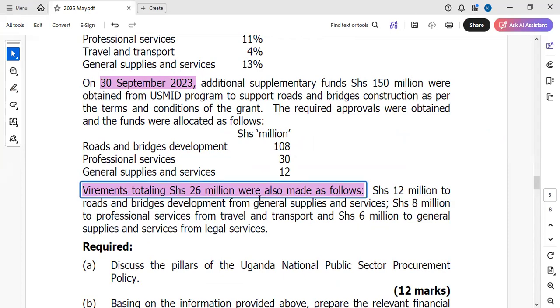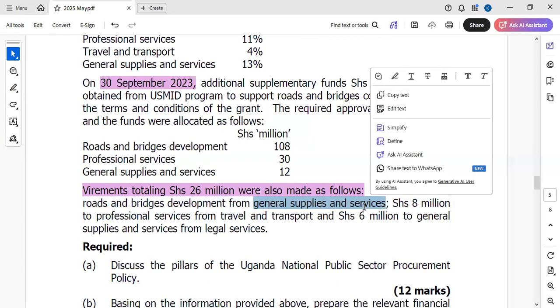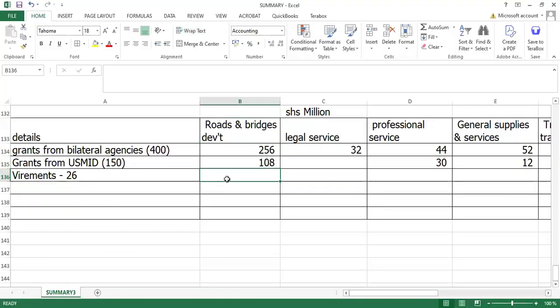It is coming from what? General supplies. So under the column of roads and bridges, I put the 12 as an addition, then general supplies, I remove the 12. Where it is coming from, it's a deduction. Where it is going, it's a plus.